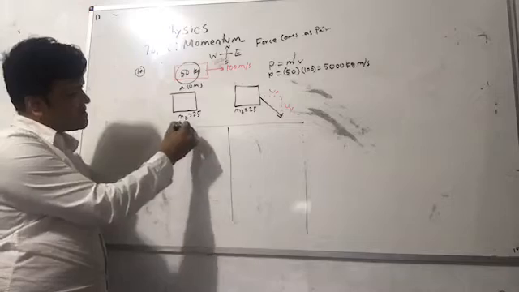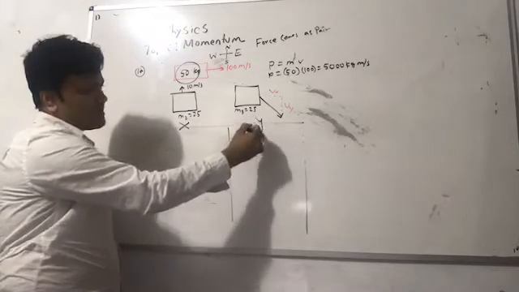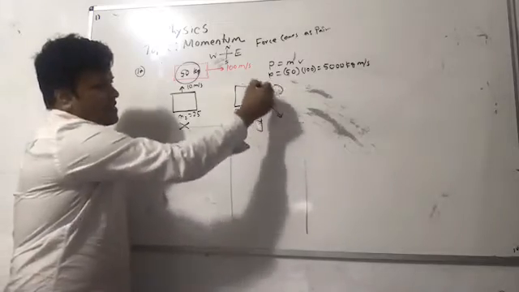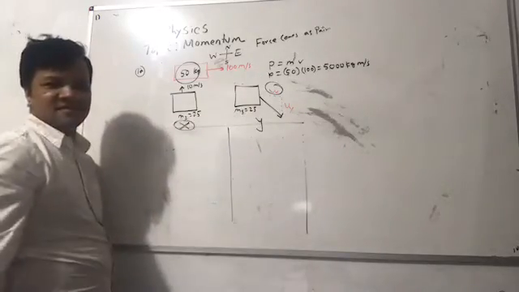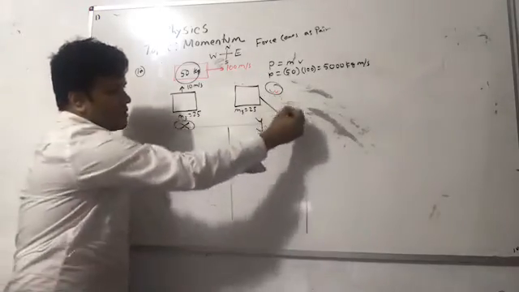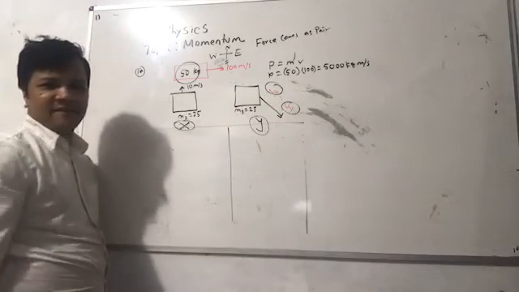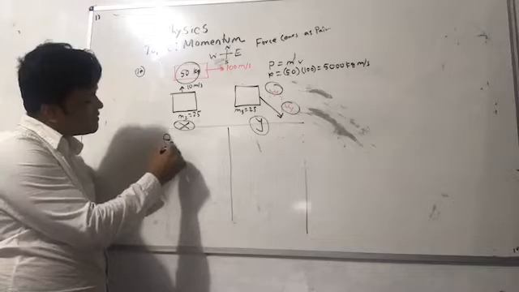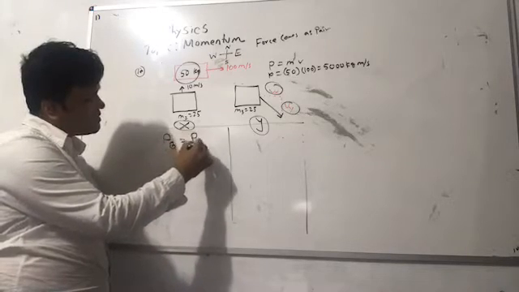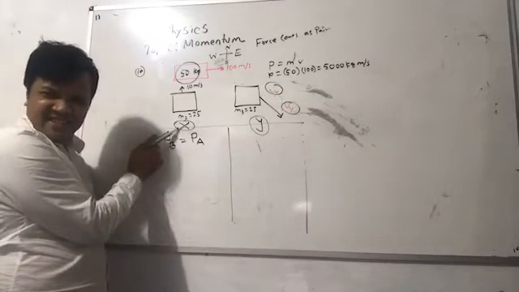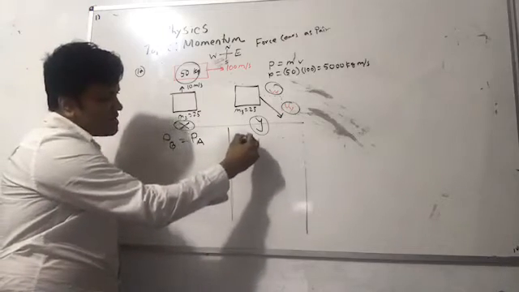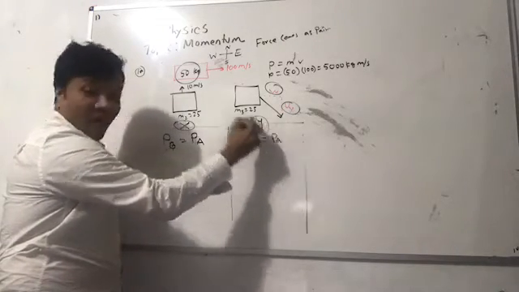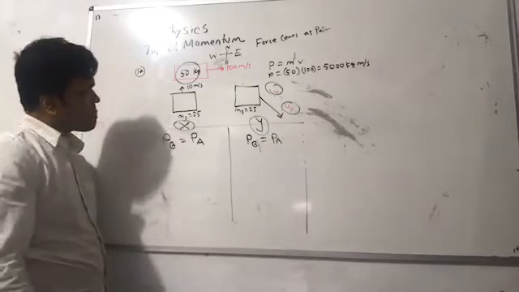Let's write x and let's write y. This is for x component. This is for y component. So you're gonna write momentum before is equal to momentum after for x. This is momentum before is equal to momentum after for y.